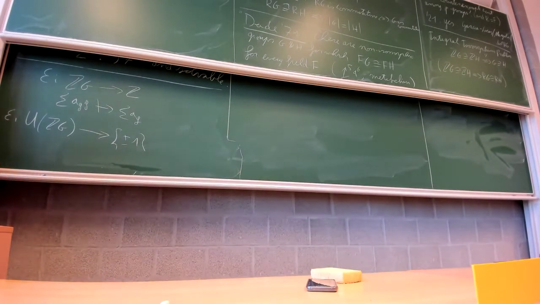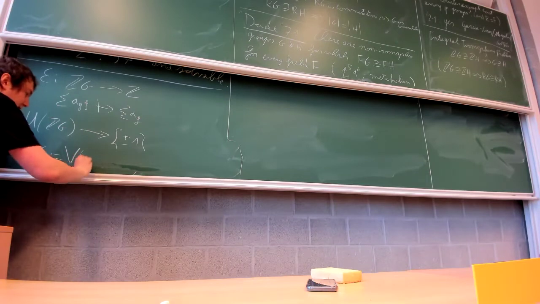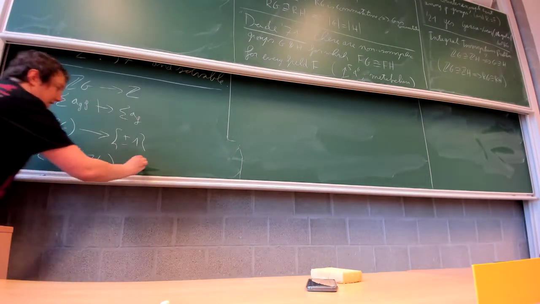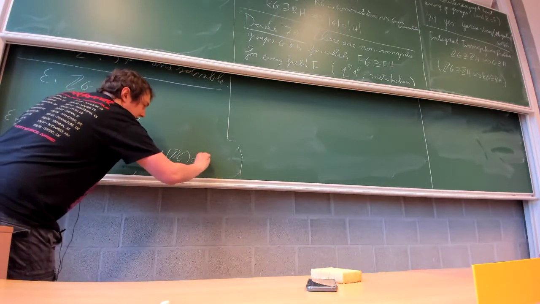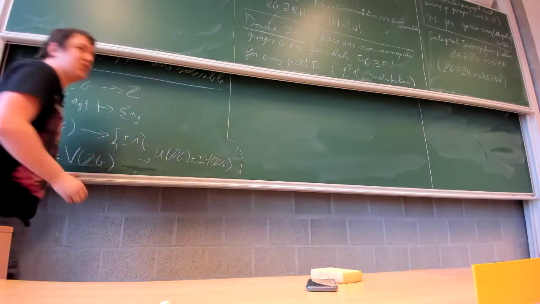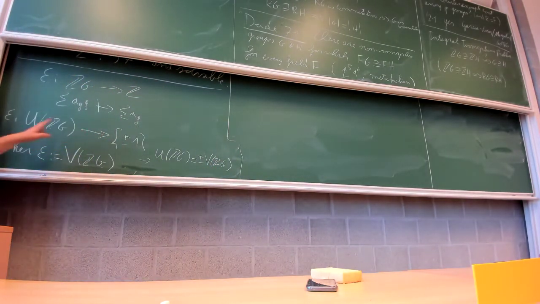And it's also quite easy to see that the kernel of epsilon, which we denote by V of ZG, gives that U(ZG) is just plus minus V(ZG) as groups, because this minus 1 is going to be central.